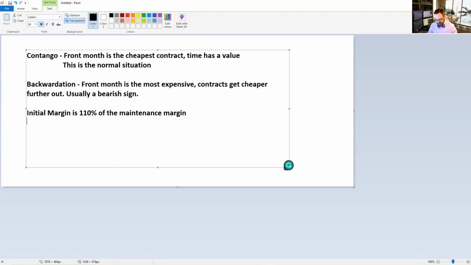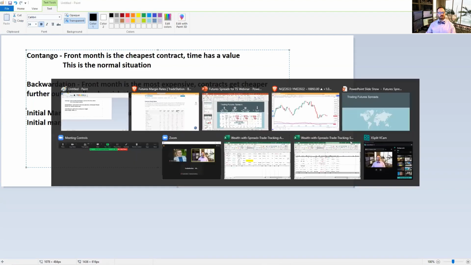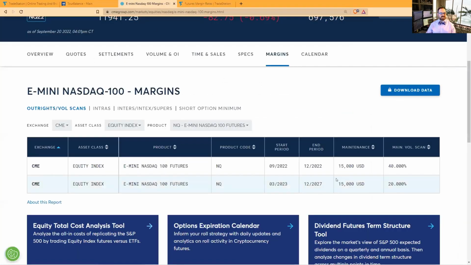So what you do to calculate it basically is the initial margin is equal to the maintenance margin times 1.1. That's it. So if I want to know on the S&P, how much do I have to come up with? I go over to the CME Group website right there. It shows $15,000. Well, you multiply that by 1.1.